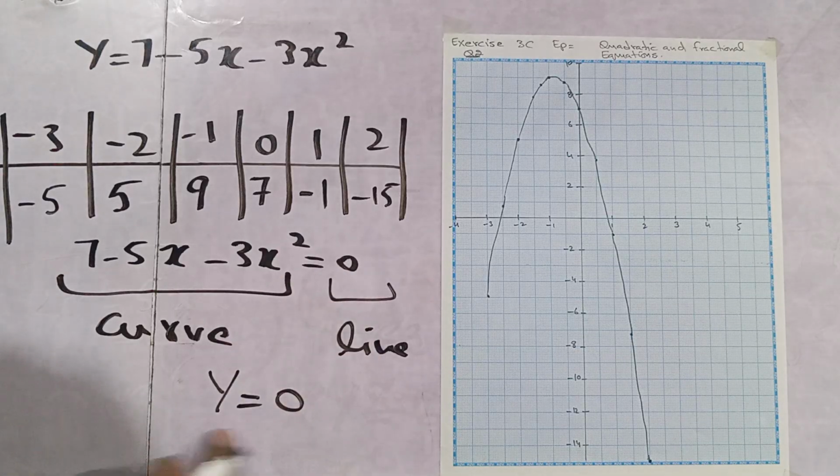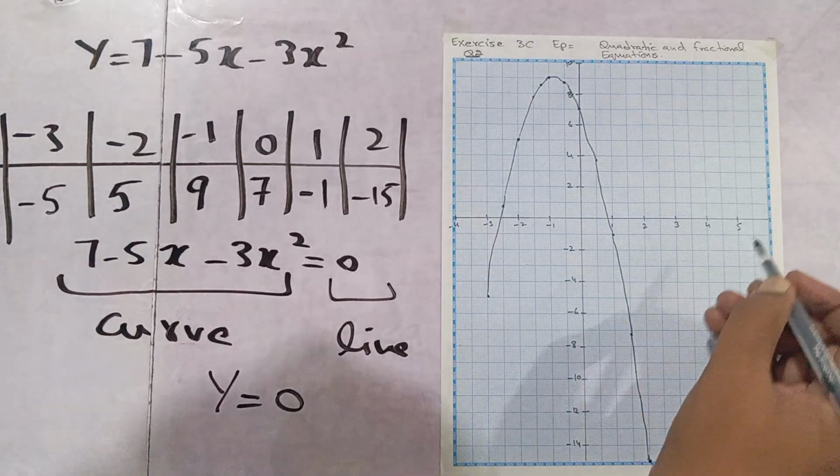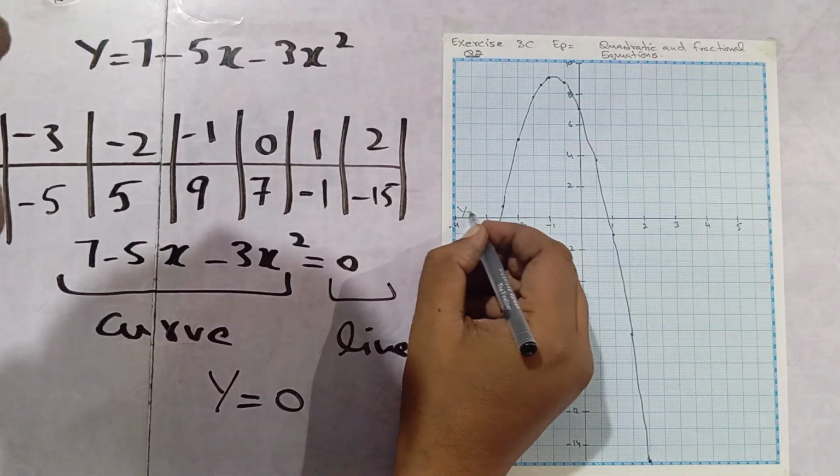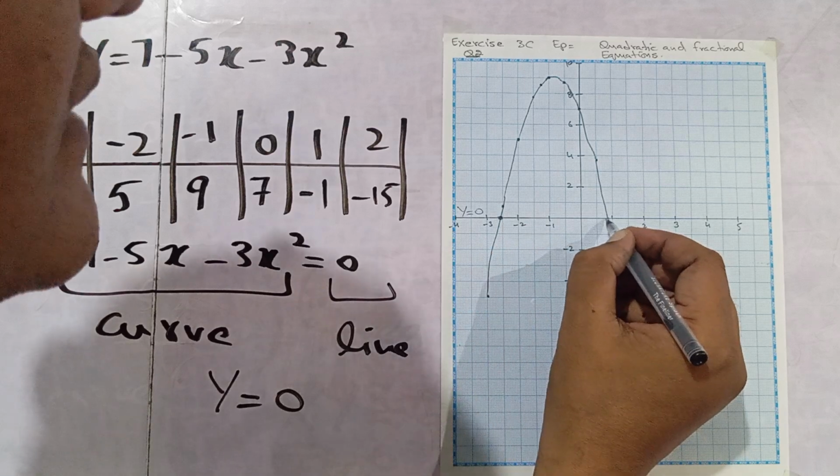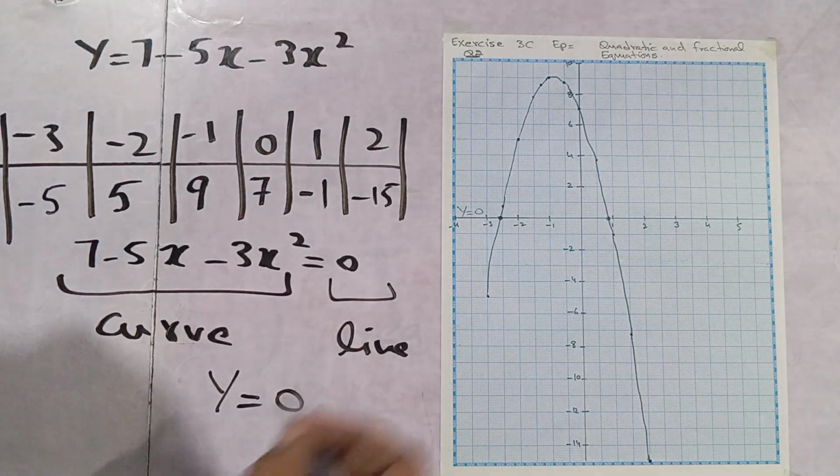So you have to draw the line of y equals 0. The line y equals to 0 is already drawn there. So this is that line. Y equals to 0 is this line. So when it cuts this, what is the value here?